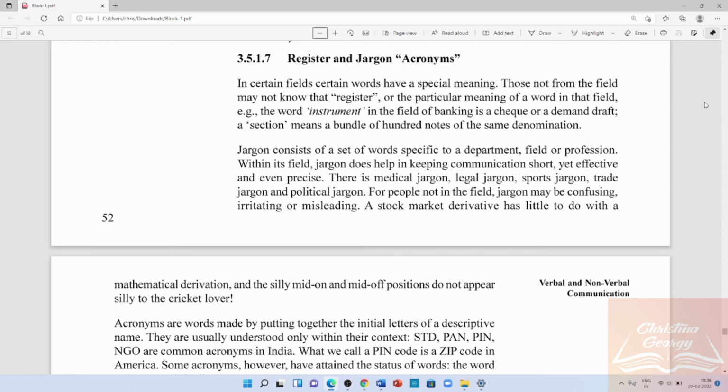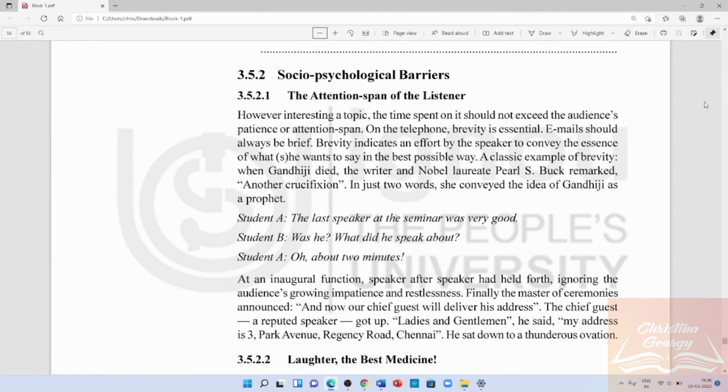As we have looked at the 7 major linguistic and semantic barriers to communication, let's move on to the socio-psychological barriers to communication. So the first and foremost aspect is the attention span of the listener.